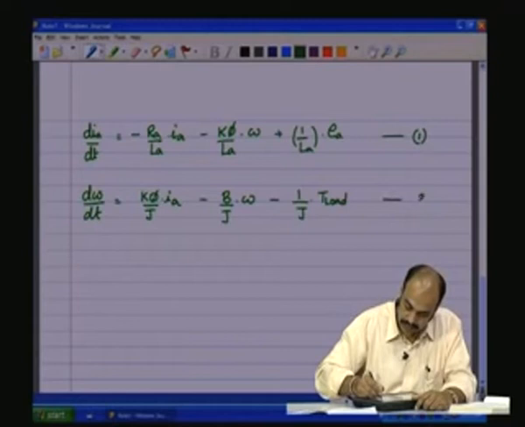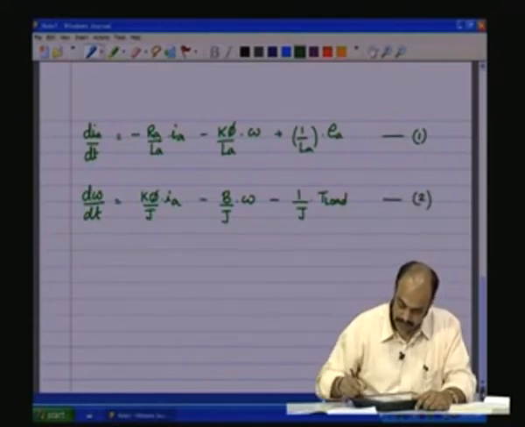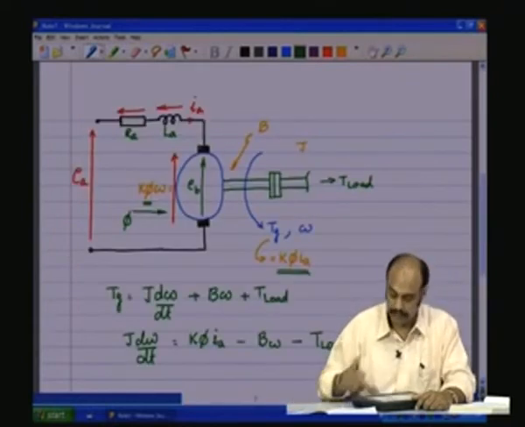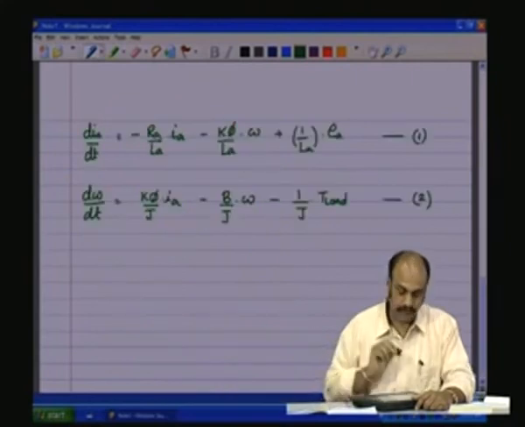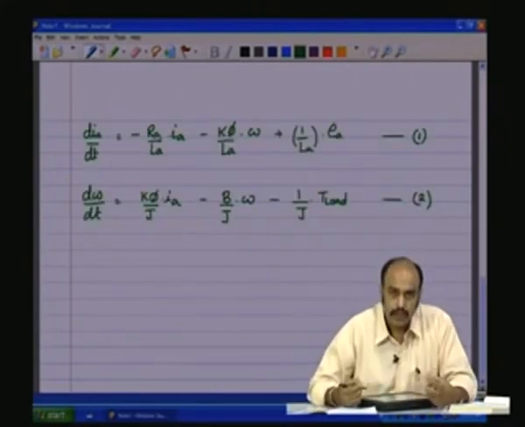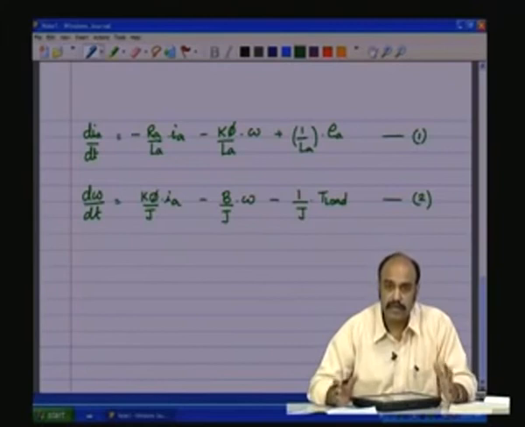This is the second equation; this equation has been rewritten in this form. These two equations completely define the dynamics of the motor.